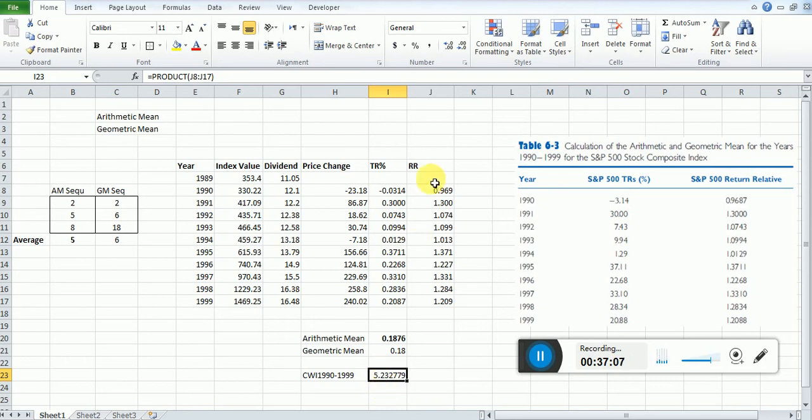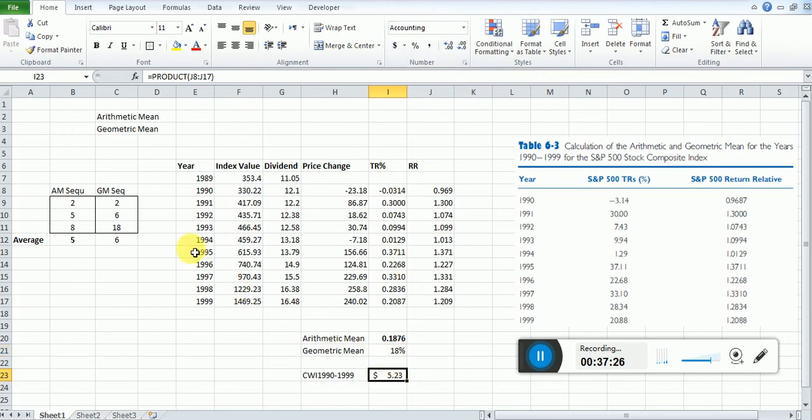In other words, your total wealth will increase into $5.23. Now a question: by average, each year your wealth increases by how much? 18%. Okay, let's make it 18%.